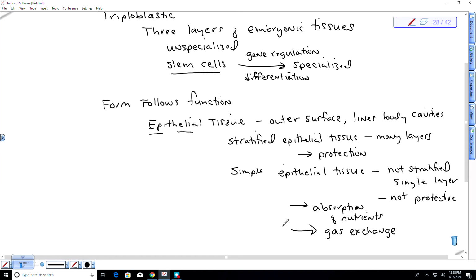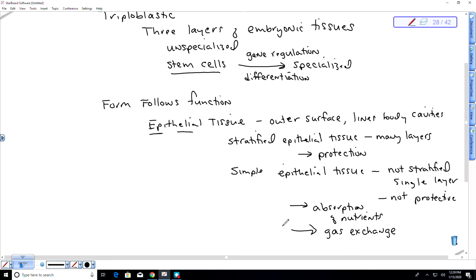So I'm going to give you a little handout here, and I would like you to see if you can match up the tissue with its function. So this is just a little matching. We're going to do the homeostasis, a little part of that, not right now. So you can see if you can do this.